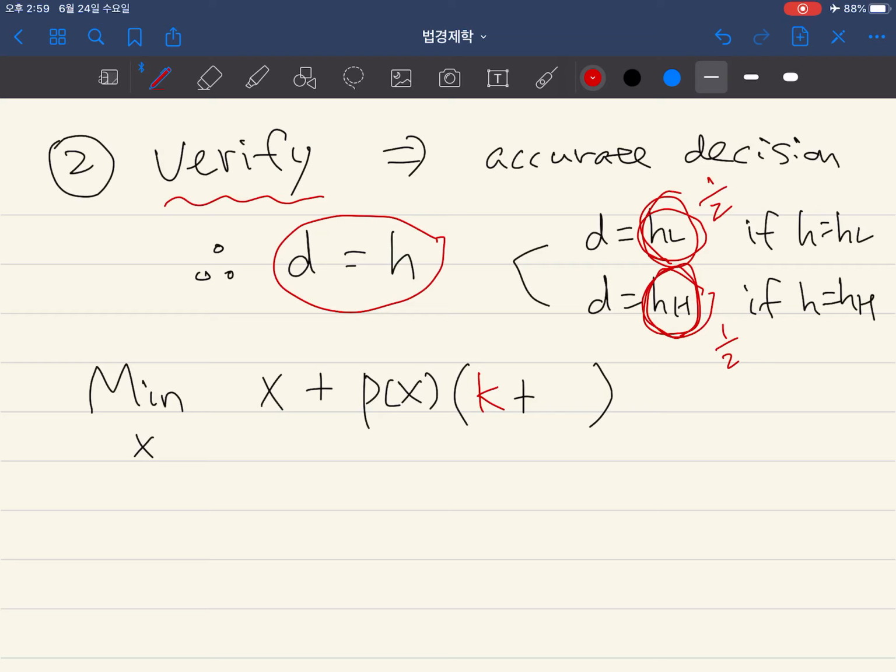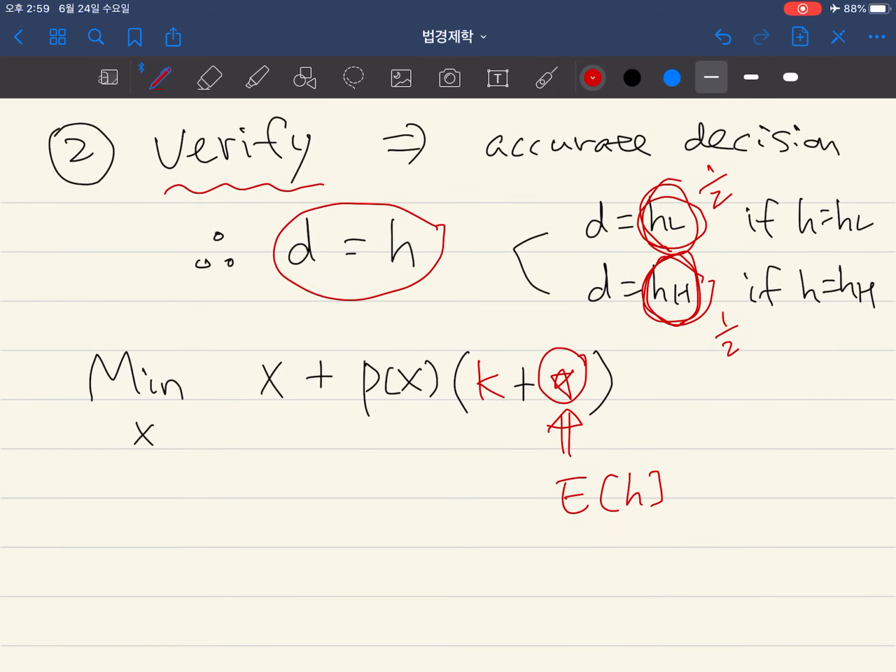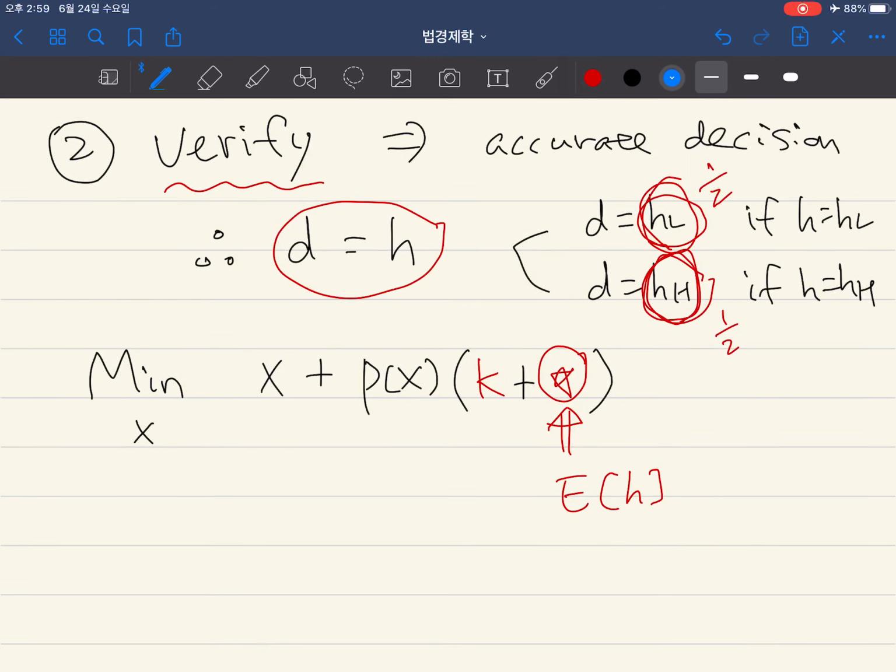So in other words, this damage expression is going to be average harm. So average harm is going to appear here. So this is the defendant's problem.